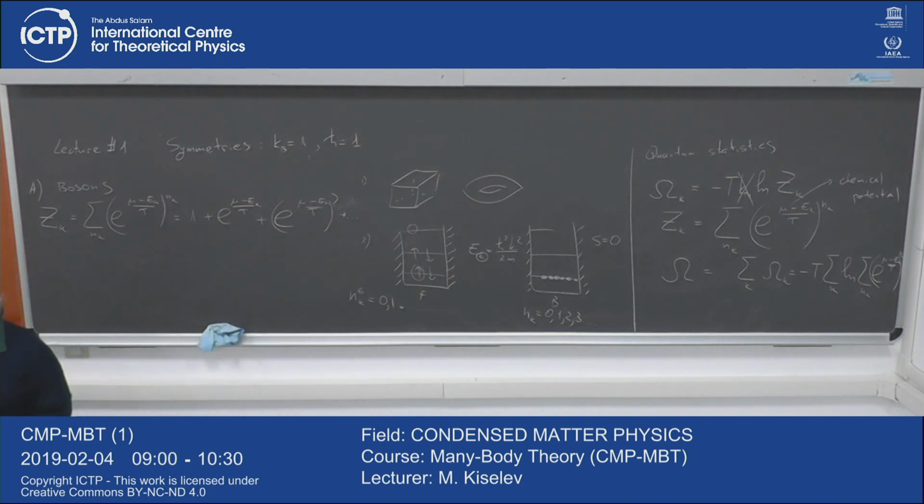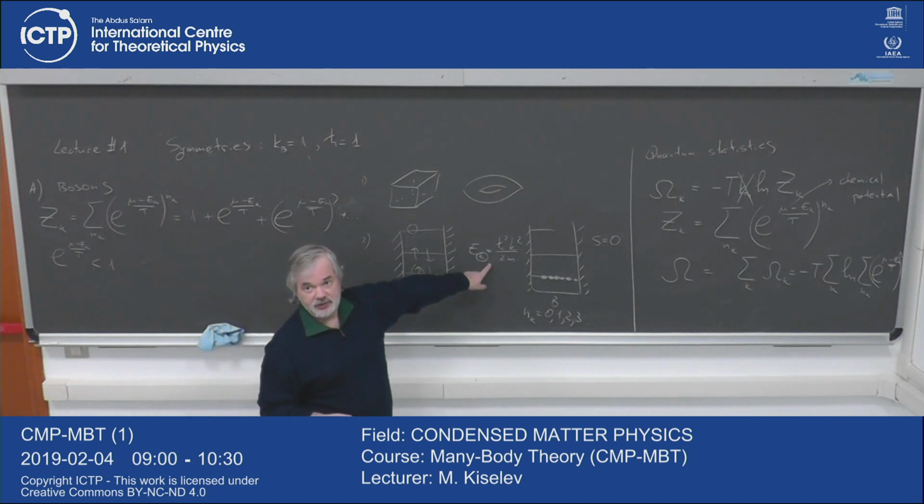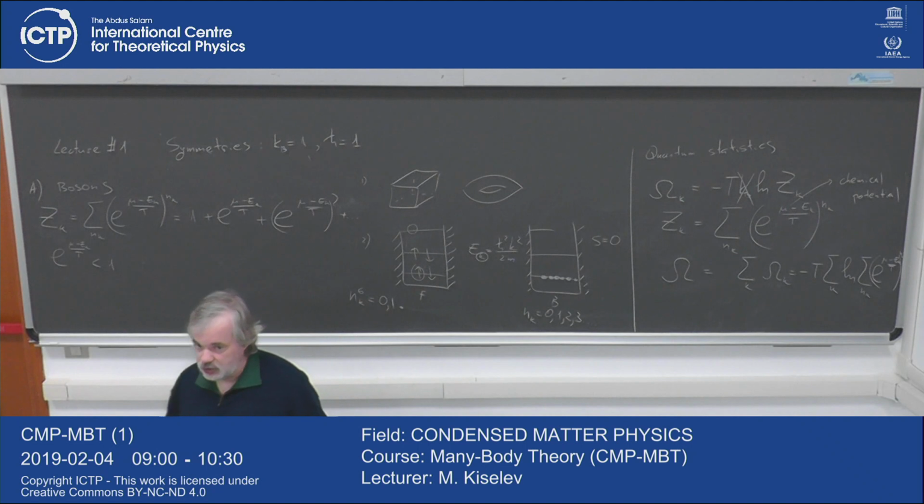So what do we see here? It is a geometric progression. The geometric progression converges if e^{(μ−ε_k)/T} is smaller than 1. Which means, assuming that ε_k is non-negative, only non-negative.